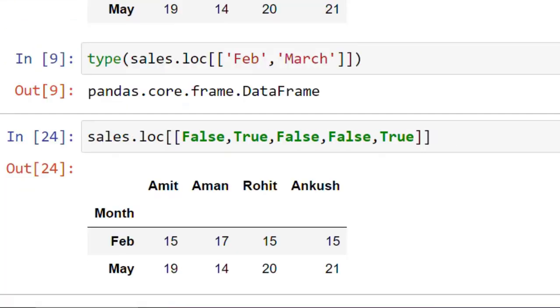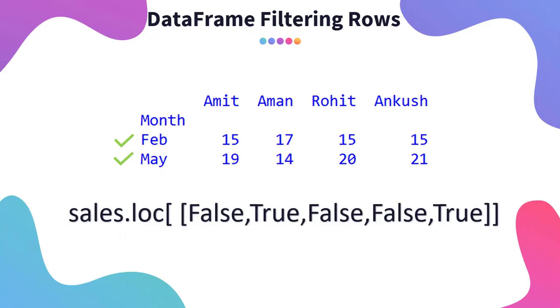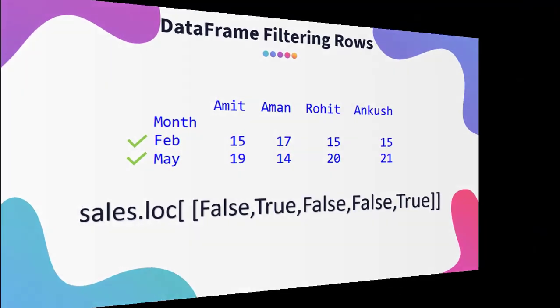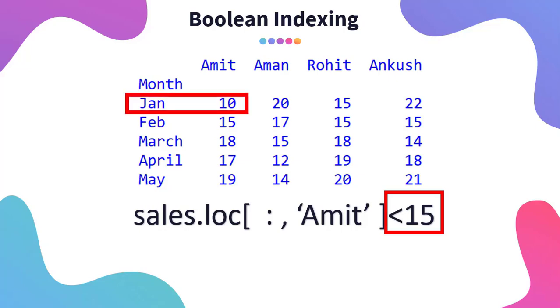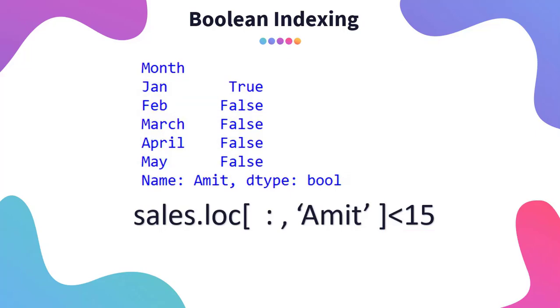This is the result which I get. Coming back to the Boolean indexing, I will explain how we can use it. So in the previous part of this video, we have learned that if I write it like this, it will write this for me. But how can we use it?